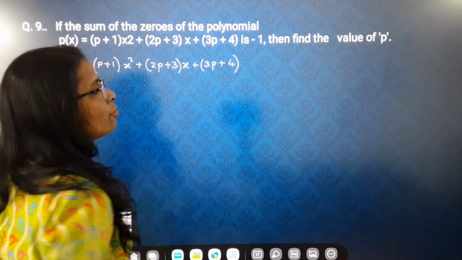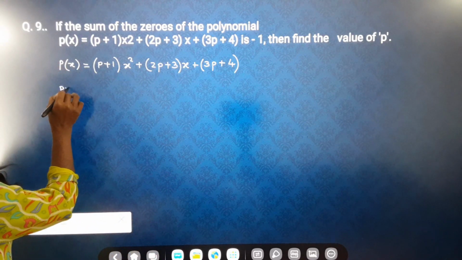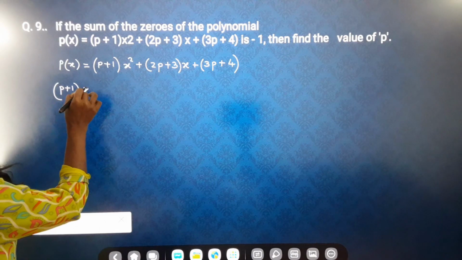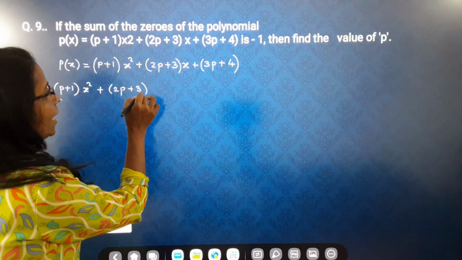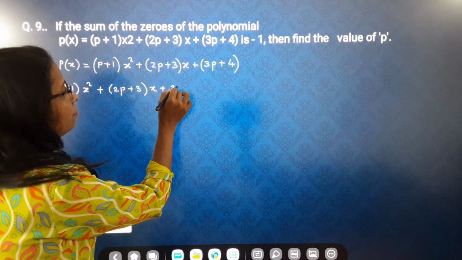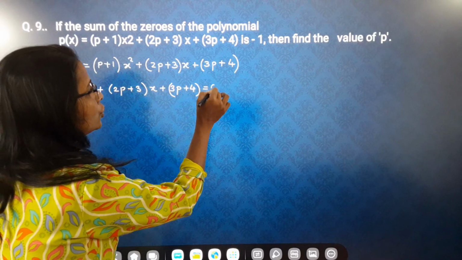First, as usual, we write p plus 1 x square plus 2p plus 3 x plus 3p plus 4 is equal to 0.